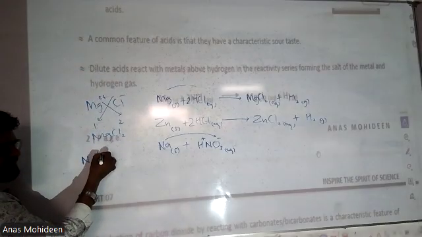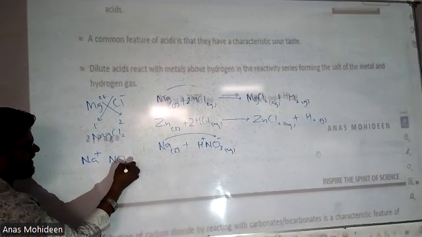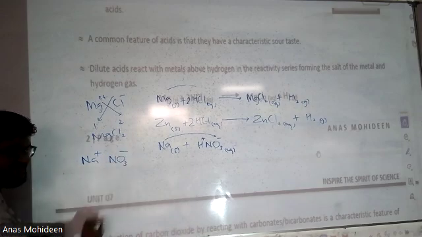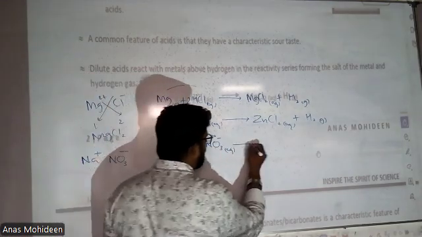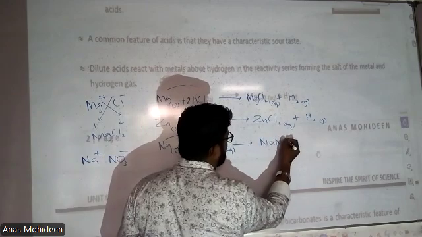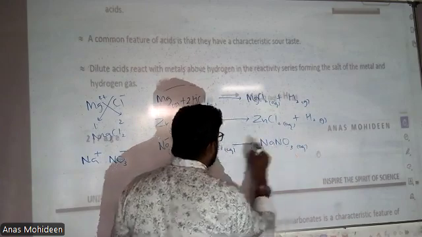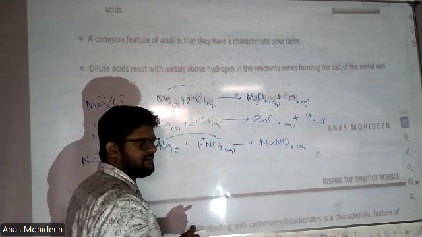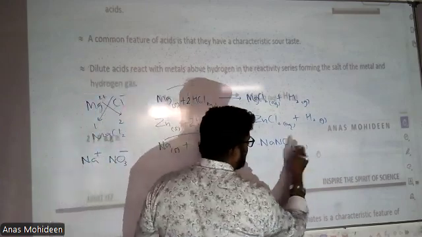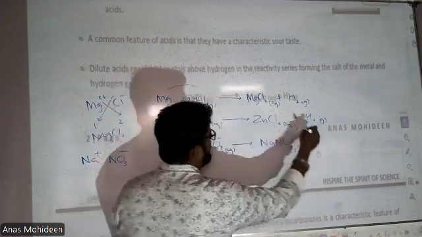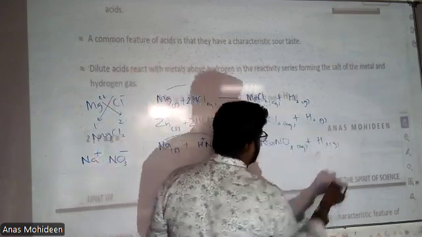Na is plus 1, NO3 is minus 1, so I can write it straight away. It is NaNO3 aq. How do you read this? Sodium nitrate. NO3 means nitrate. Sodium nitrate plus hydrogen gas goes out, H2.